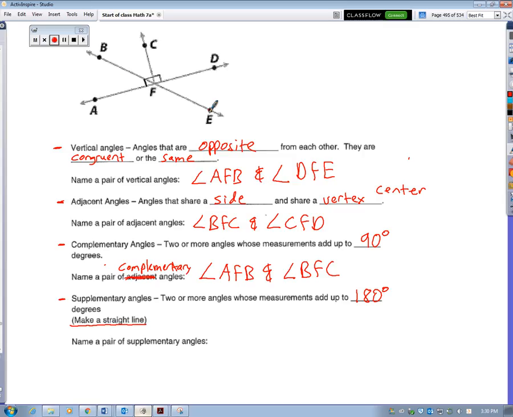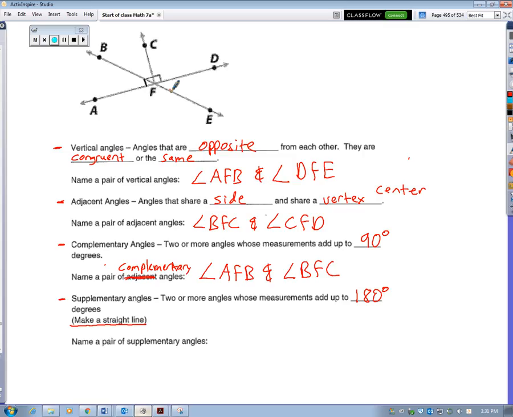Okay, so if we're looking at this straight line, this angle and this angle together make this straight line. We could also look at this side and we have this angle and this angle and this angle together make this straight line also. So on this side we have two angles that make the straight line. On this side we have three angles that make the straight line.